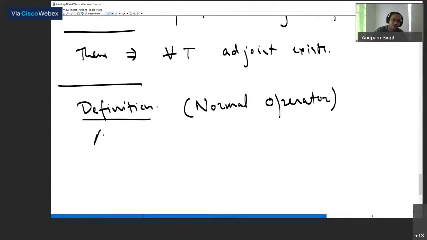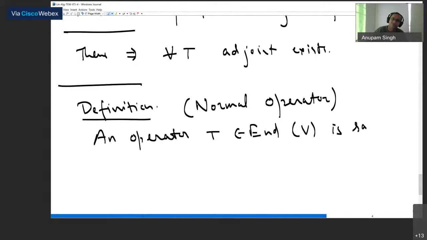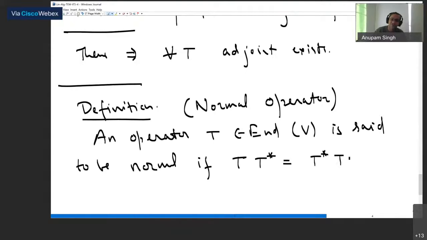An operator T in V is said to be normal if it commutes with its adjoint: T T star is T star T.